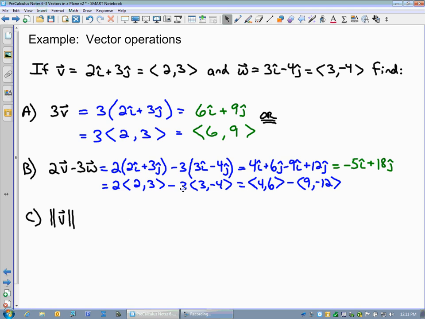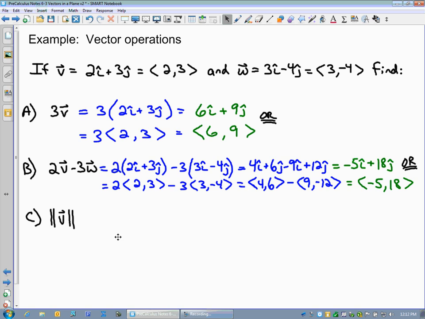So we have 3 times 3 is 9, 3 times negative 4 is negative 12. Now I can go ahead and do the operation. 4 minus 9 gives me a negative 5. And then this is the one to be careful of: 6 minus a negative 12 gives you positive 18. So once again, whether you have it in this format or in this format, it represents the same vector.